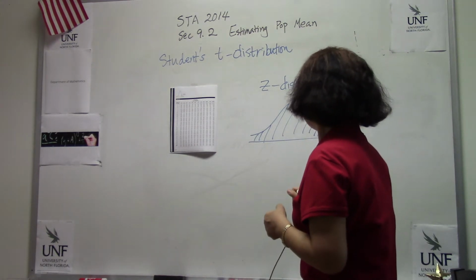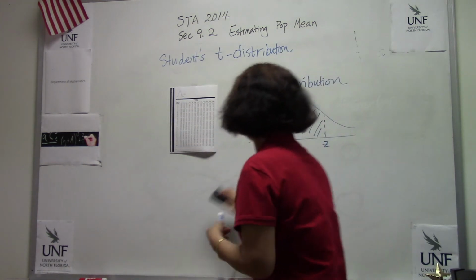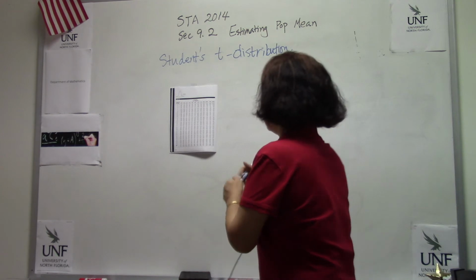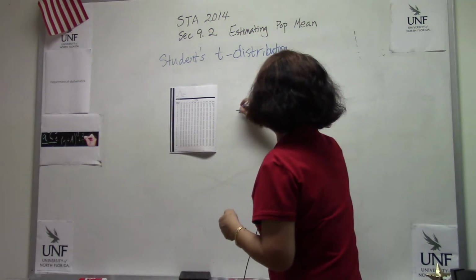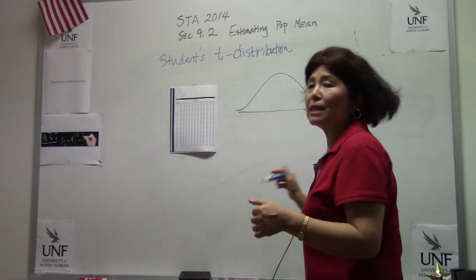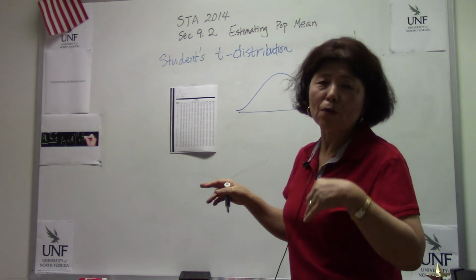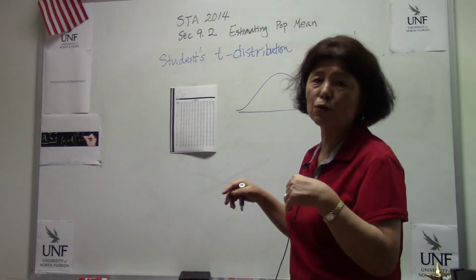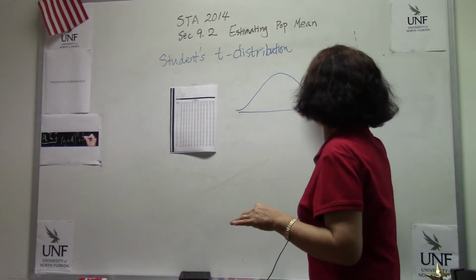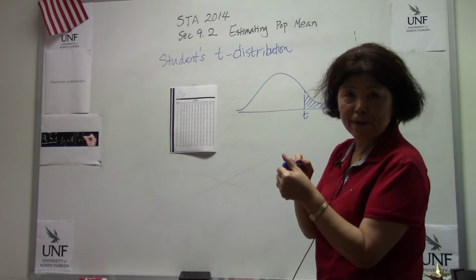But when you have a T distribution, it's going to go to the right. So in some sense, it's a more effective one. But the T distribution is only for this purpose, no other purposes. You know what I mean? No empirical rule or other normal distribution stuff. We do not use it. So just go to this area. This is going to be the T value.